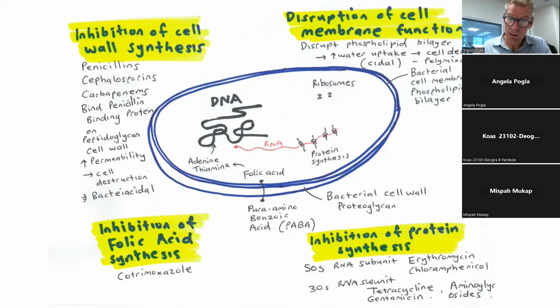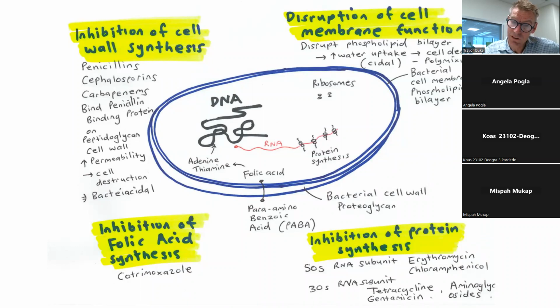So anything that disrupts protein synthesis within a cell has an antibiotic effect. So the antibiotics that disrupt protein synthesis include the macrolides, so erythromycin, and also chloramphenicol, again another old antibiotic, but that's the way it disrupts.